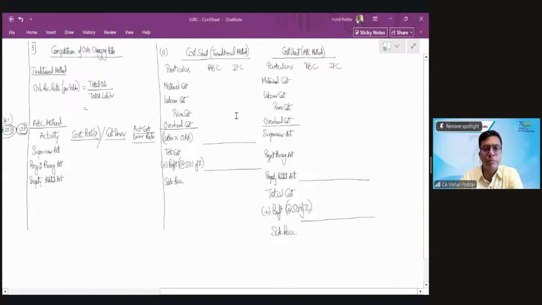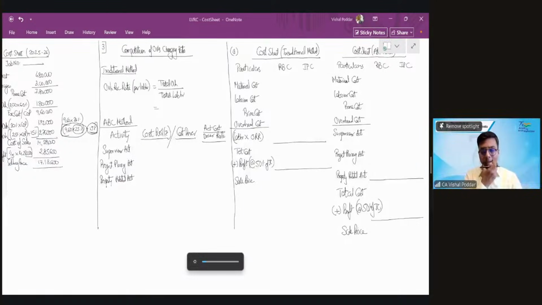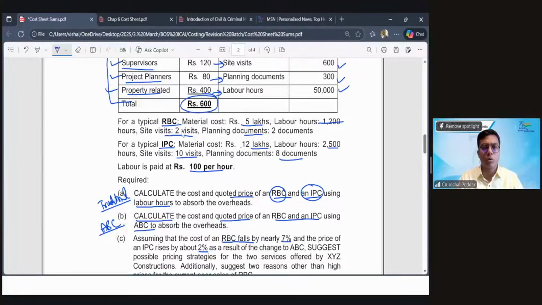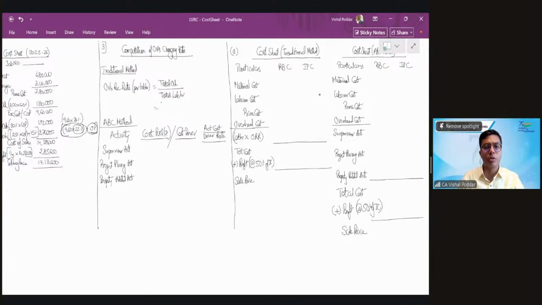So first we need to find out the overhead recovery rates. Your total overheads are 600 lakhs, and your labor hours are 50,000. So the numerator is 600 lakhs and the denominator is 50,000 labor hours.